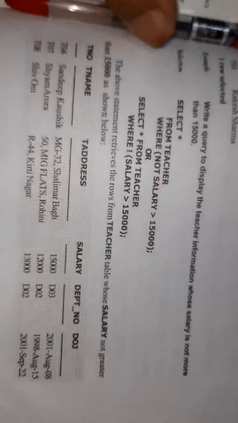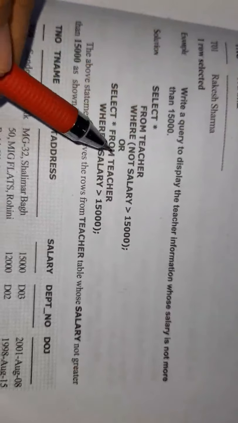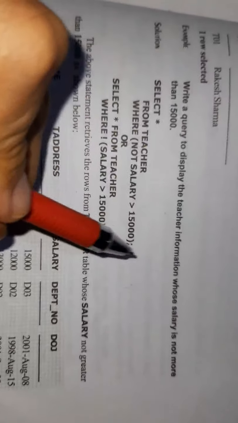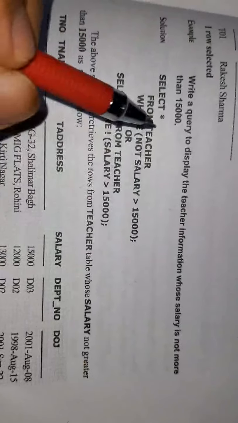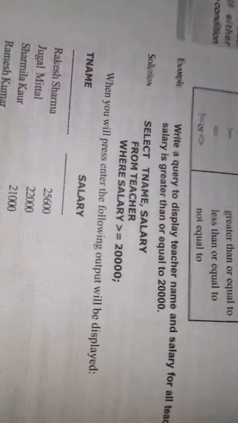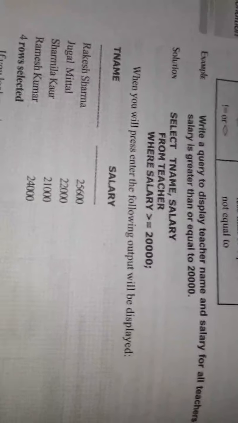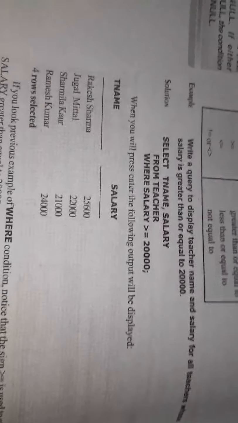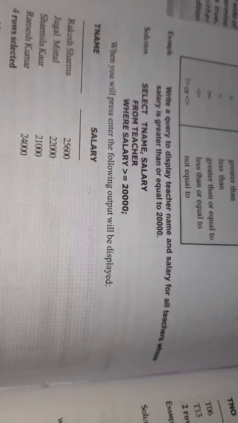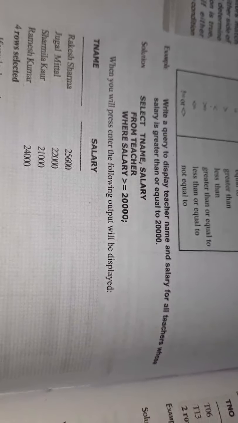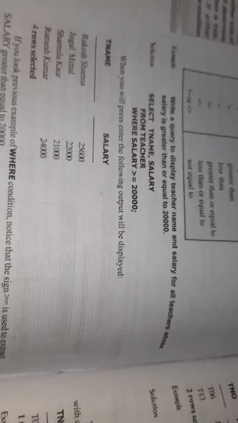When you're using the NOT operator, you have to enclose the condition in parentheses. But if you observe the previous one, where salary greater than or equal to 20,000, it is not enclosed in parentheses. Yes, it is optional. In some cases you can enclose it in parentheses also, it is okay. It will not display any error.